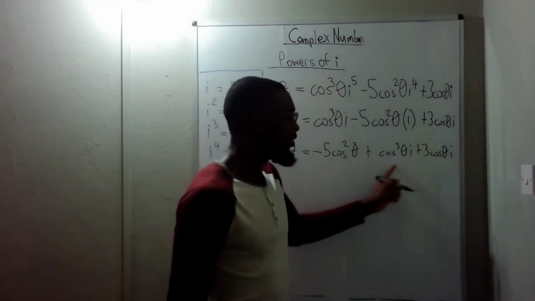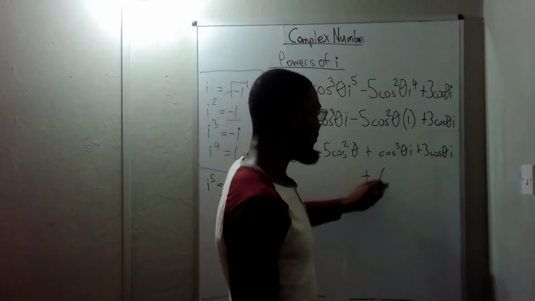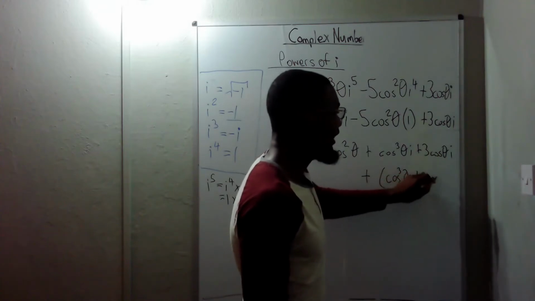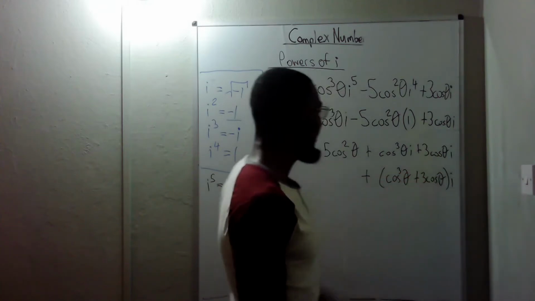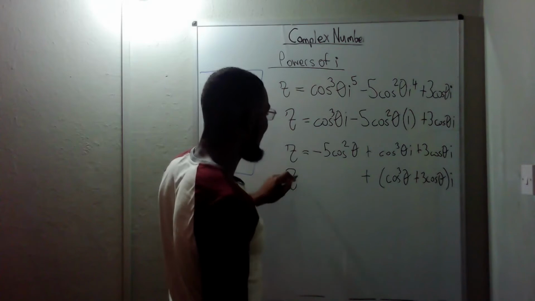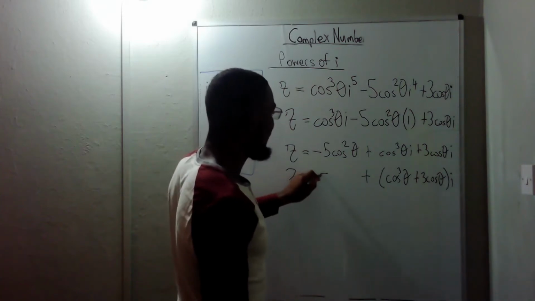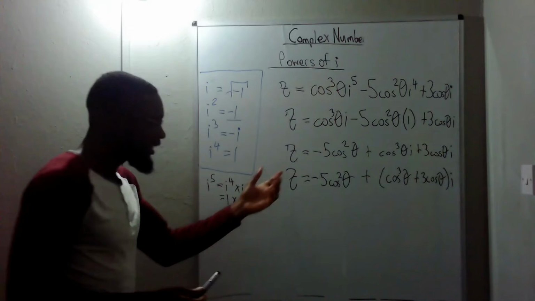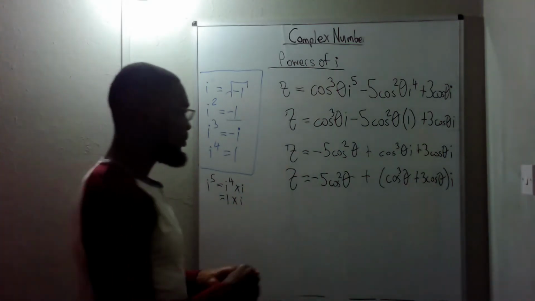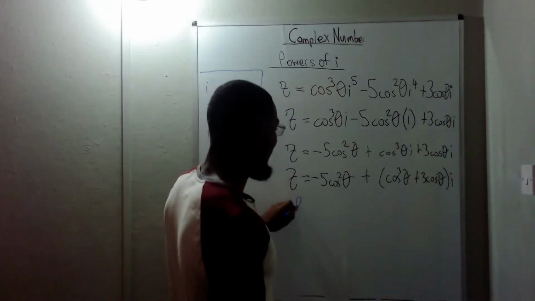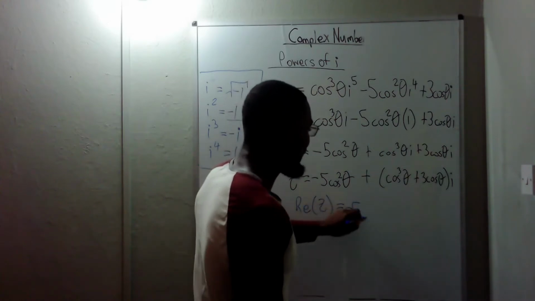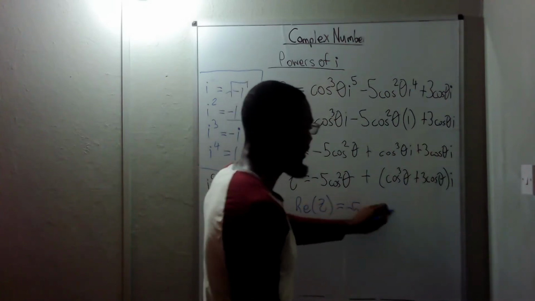Alright, so now we can factor out i. And we have cos cubed theta plus 3 cos theta times i. And put back your real part, minus 5 cos squared theta. So now you can tell them your real part and imaginary part. The real part of the complex number z is minus 5 cos squared theta.